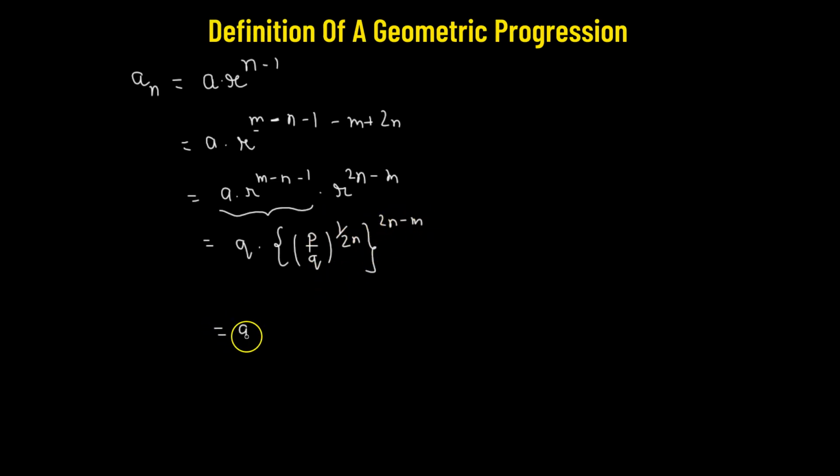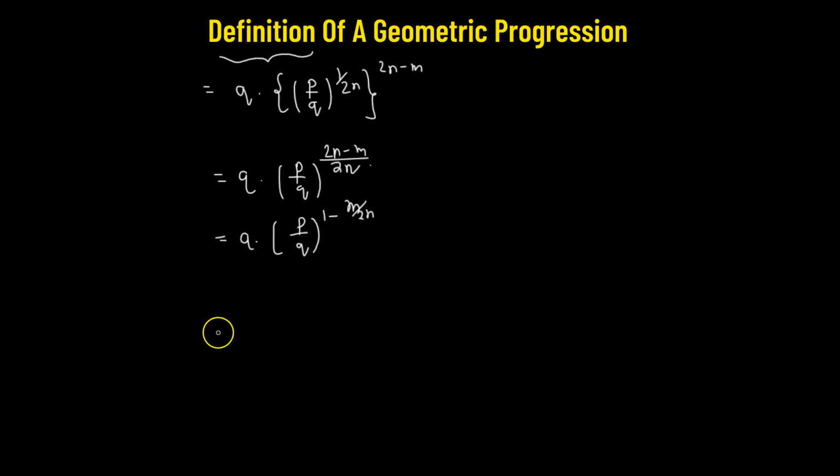That means we have q times p over q whole raised to the power of 2n minus m divided by 2n. That gives us q times, so 2n minus m divided by 2n, that's 1 minus m over 2n. Further simplification is going to give us q times p over q raised to the power of 1 times p over q raised to the power of negative m over 2n.